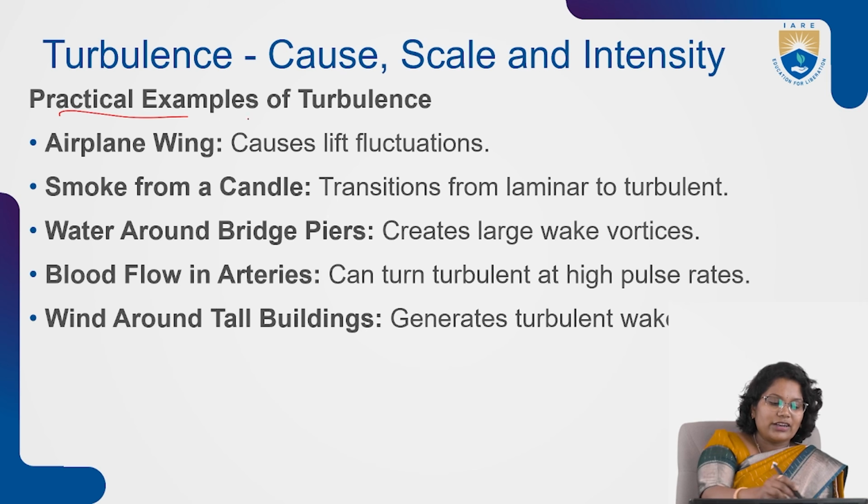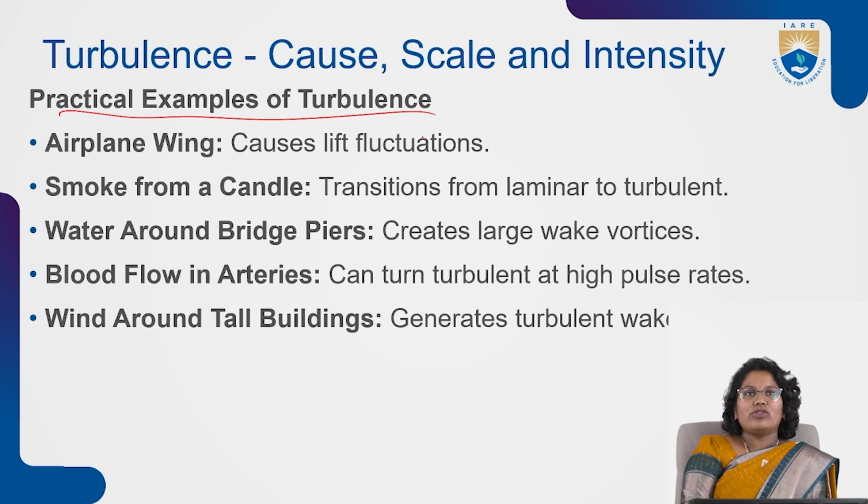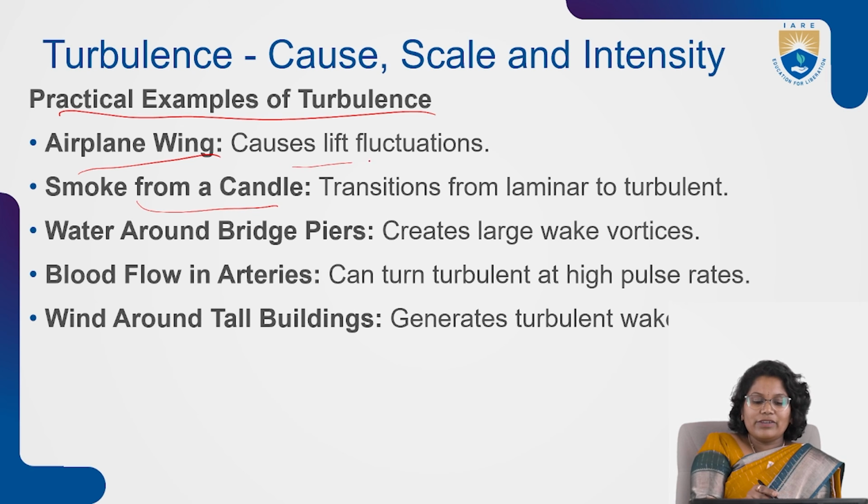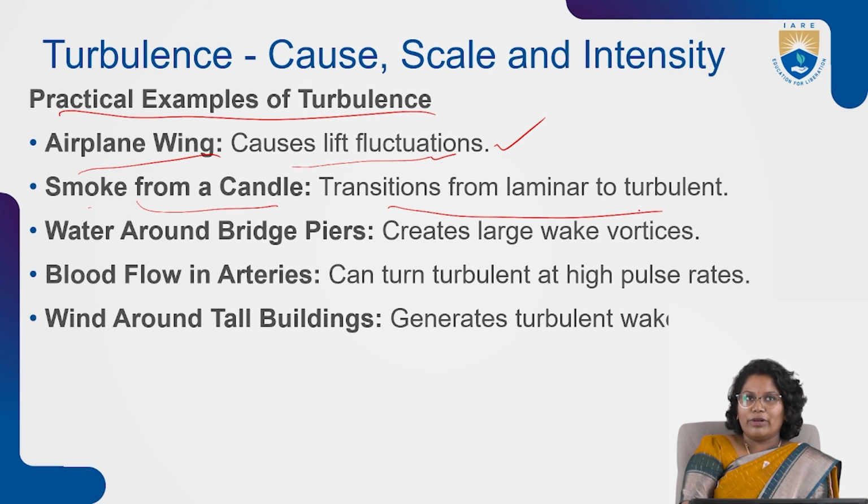And here are some practical examples of turbulence. Airplane wings: turbulence causes lift fluctuations. Smoke from a candle transitions from laminar to turbulent.